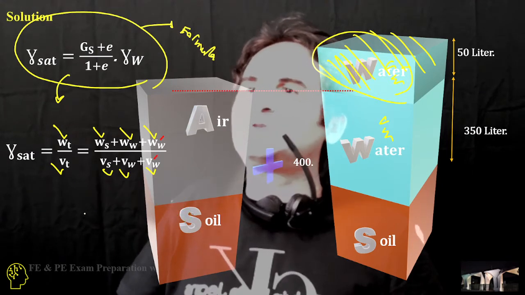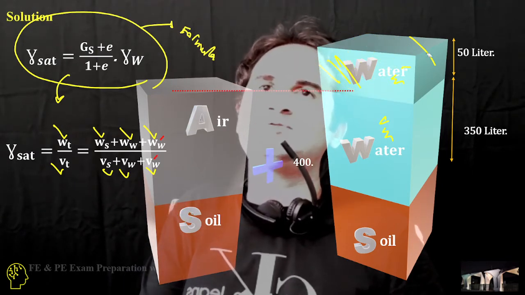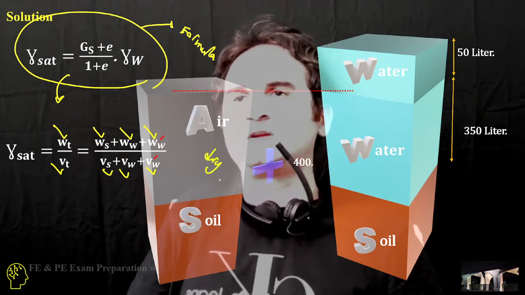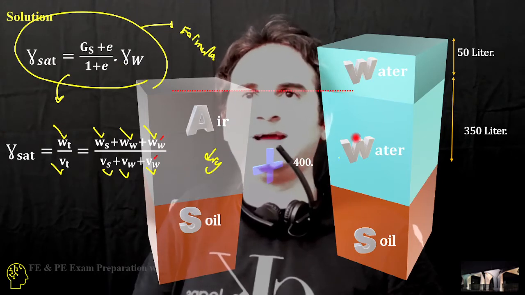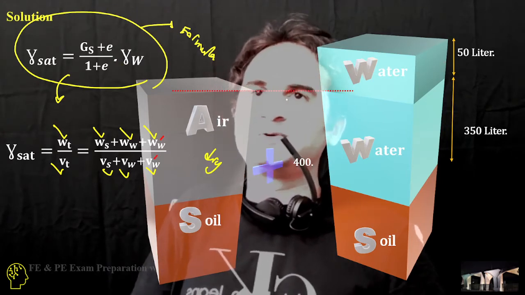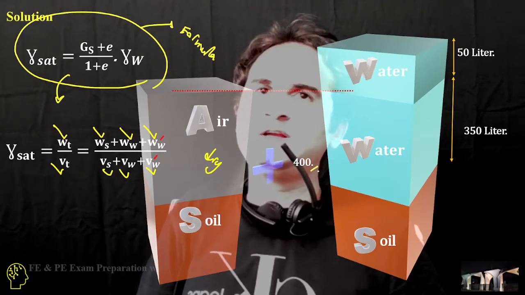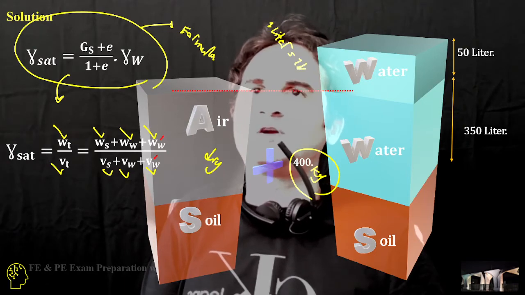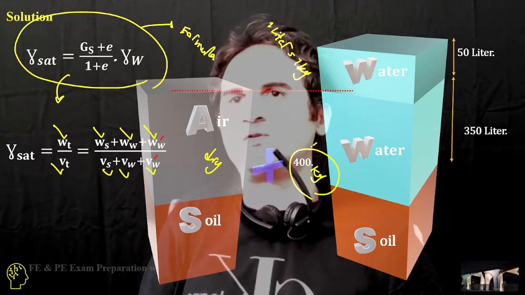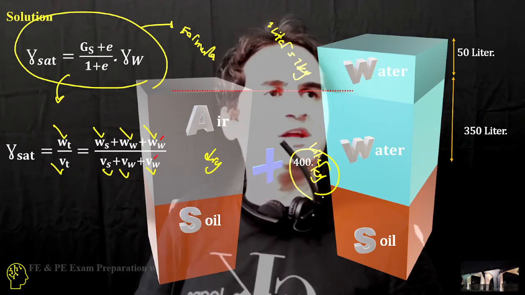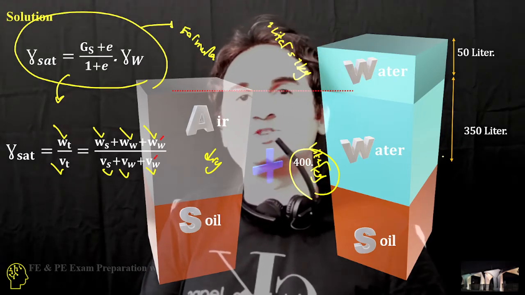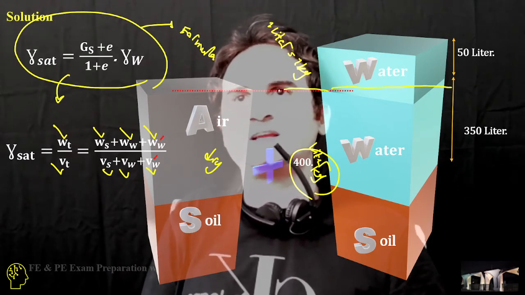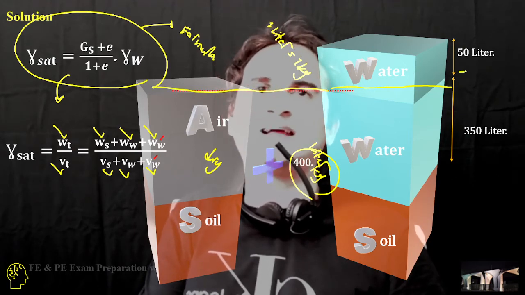Let's see what's happened to our sample. If you take a closer look at the dry sample and wet sample, after adding 400 kg, and each liter of water is equal to 1 kilogram, that's something like 400 liters. By adding 400 kg of water or 400 liters, just 350 of that comes to the same level, and there is an addition of 50 liters.